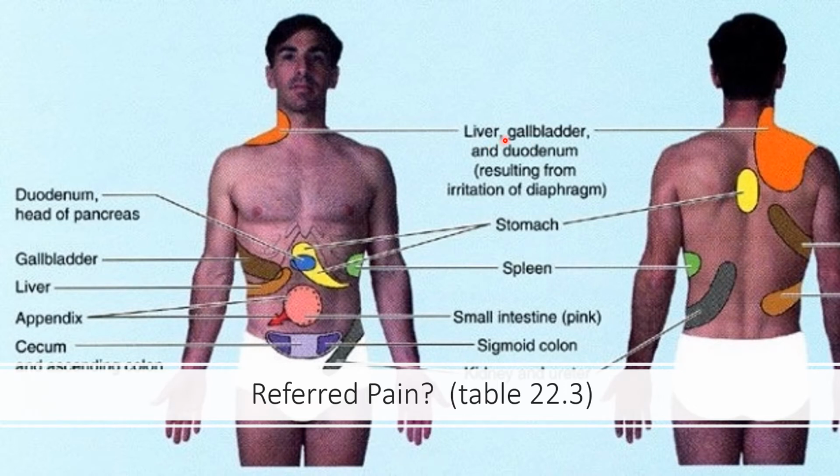Okay, so gallbladder pain a lot of times is referred to the right shoulder and into the right scapula. But they'll also feel it here where we know the gallbladder is. Okay, so liver pain, you'll usually feel it where we know the liver is, but also you can feel it in the shoulder. So that's just an example of referred pain.